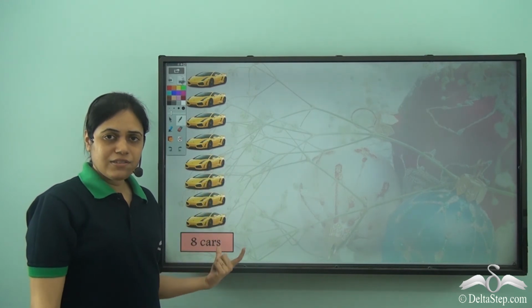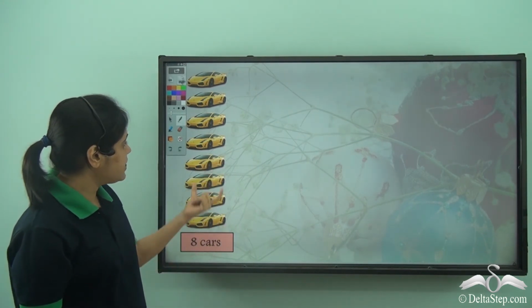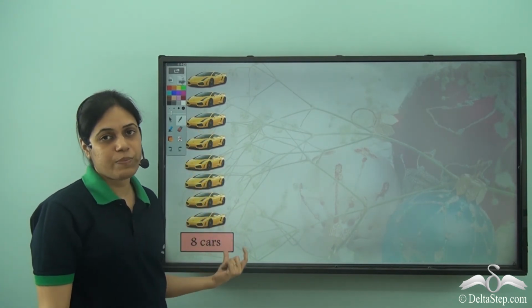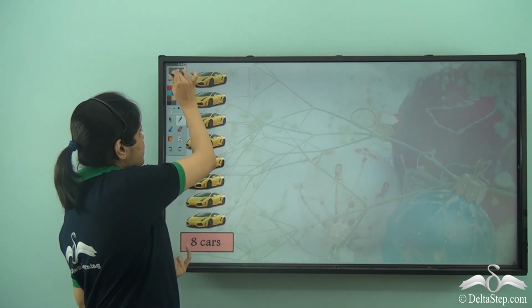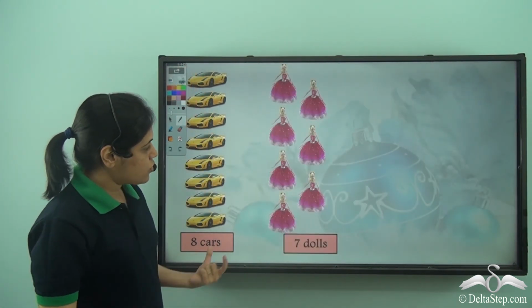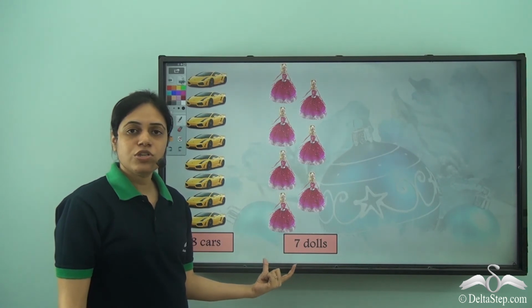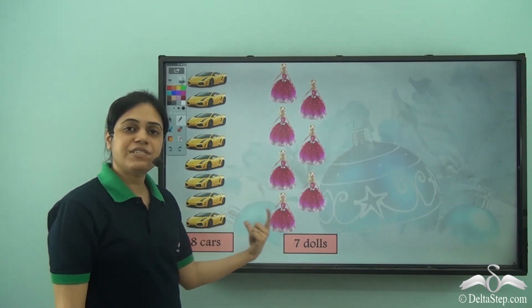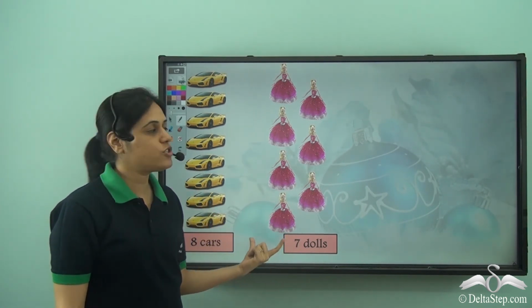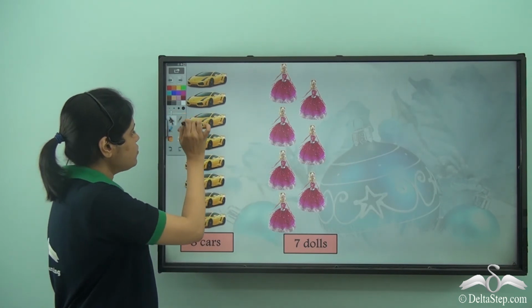There are some other ducks which have got these 8 cars for the baby duck and also these 7 dolls. So how many gifts does the baby duck have in total? Let's count.